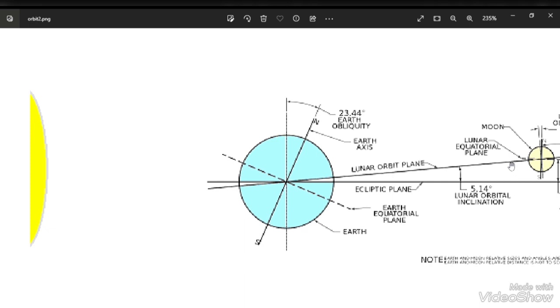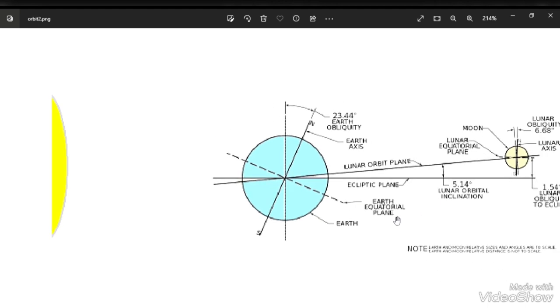If these two planes of rotation, of the moon around the earth and of the earth around the sun, were on the same plane, and we didn't have this angle here, we were going to have eclipse of the moon and eclipse of the sun for each rotation of the moon around the earth, because if they were on the same plane, the shadow of the earth would be on the moon in this position, and the shadow of the moon, if it was here, on the earth in this position.